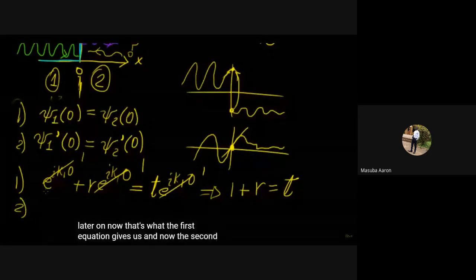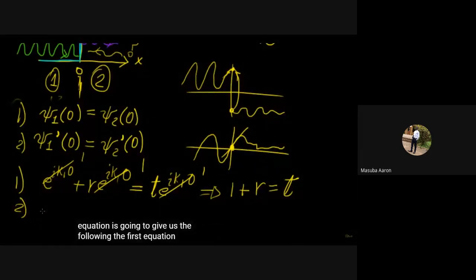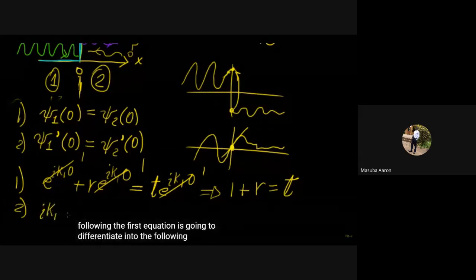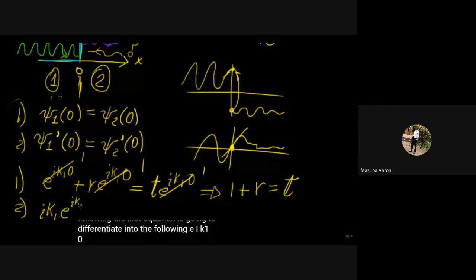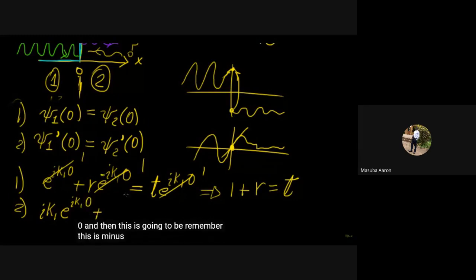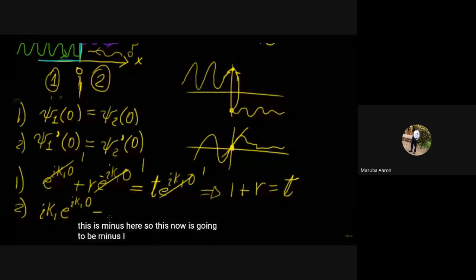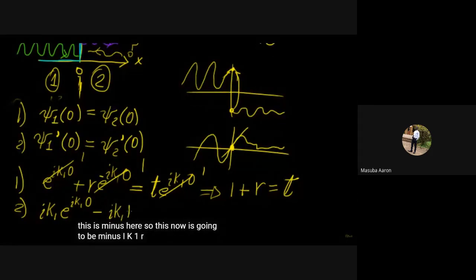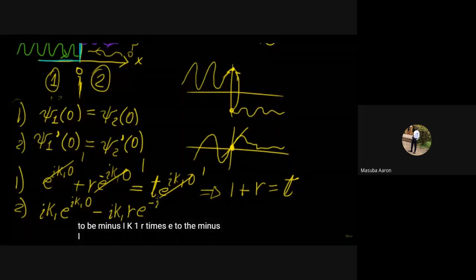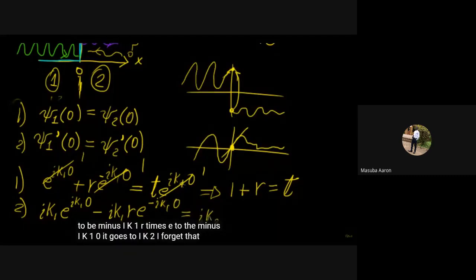And now the second equation is going to give us the following. The first equation is going to differentiate into the following. e to the ik1 0, and then remember this is minus here, so this now is going to be minus ik1 r times e to the minus ik1 0 equals ik2, I forgot that this was a k2 here, t e to the ik2 0.